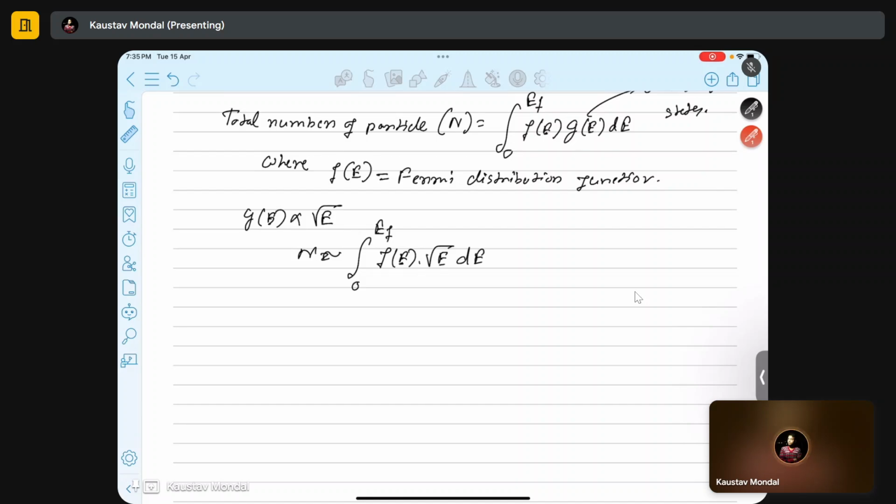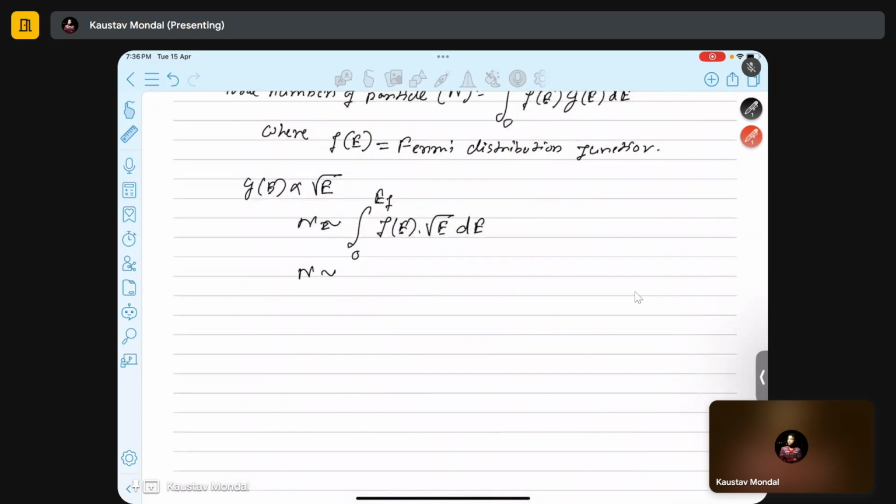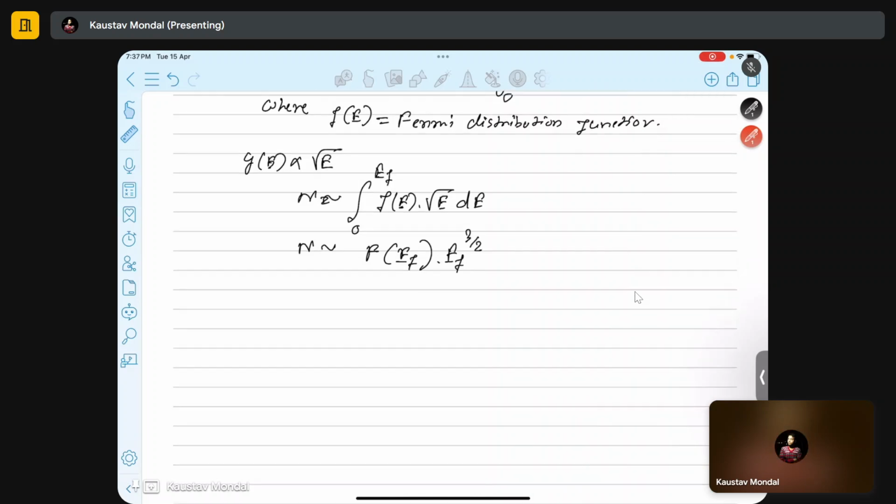Here F is the Fermi distribution. If you do this calculation, it simply gives you a function of EF to the power 3 by 2.